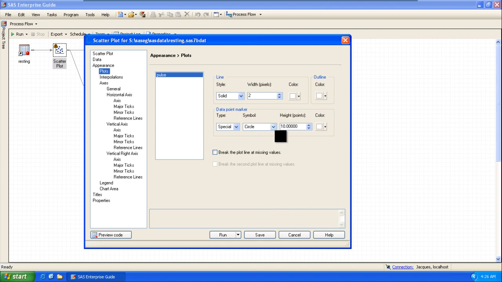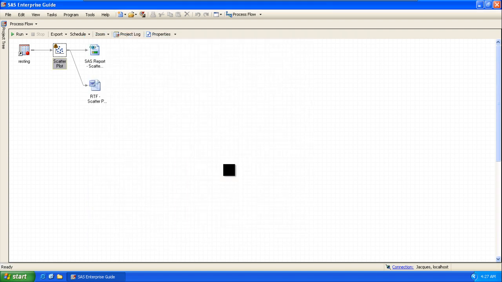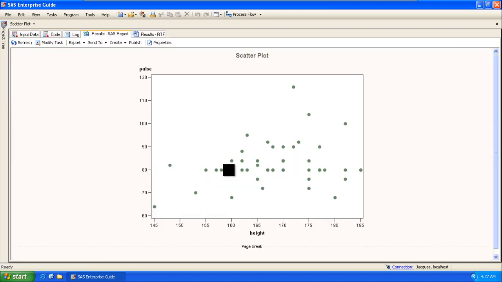Now for the data point marker, we select dot. Okay, we run it. So here we got our two variables in the scatter plot.